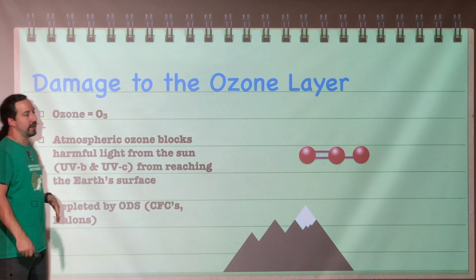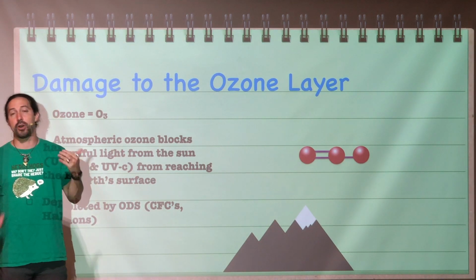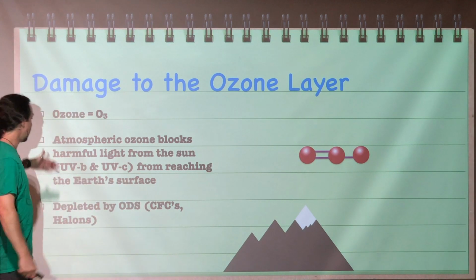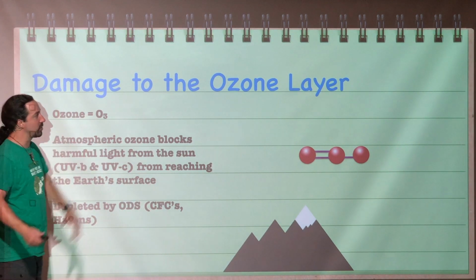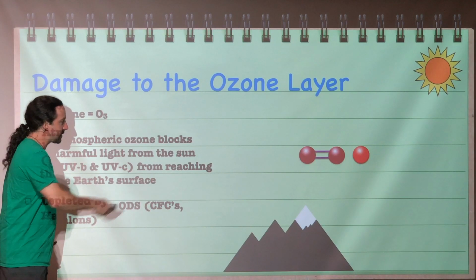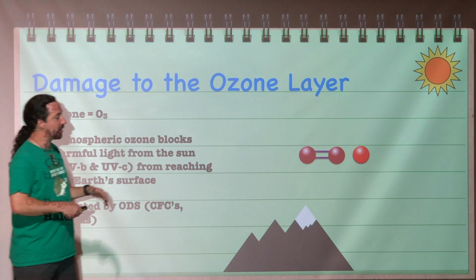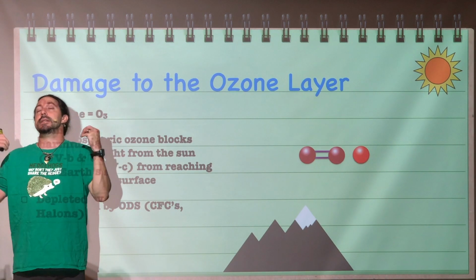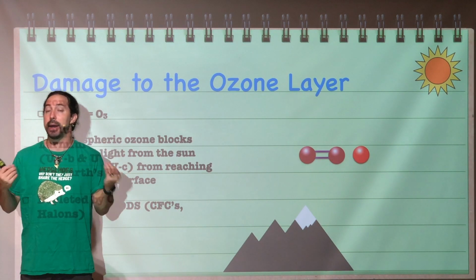And the purpose of it is that ozone blocks harmful ultraviolet rays from making its way to the surface of the Earth. That is the purpose of ozone. So as sunlight hits ozone, the ozone molecule will break apart. And that creates an oxygen radical. And the thing is, oxygen as an atom does not like to be monatomic.